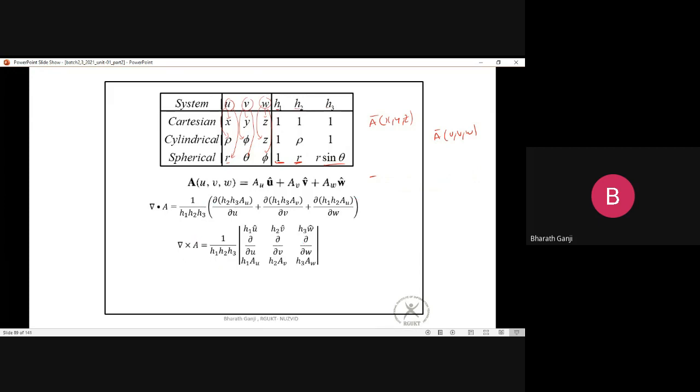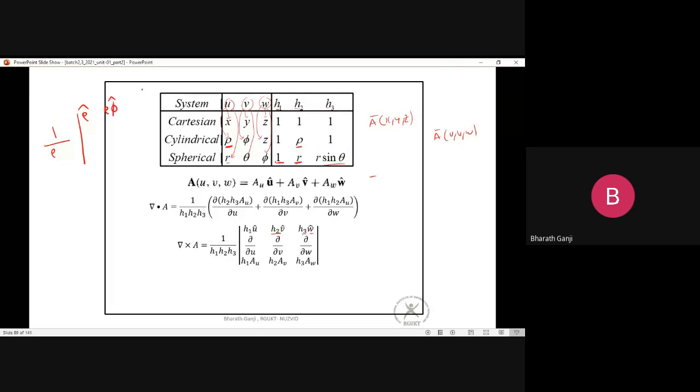Say for example you want to write the curl in the cylindrical coordinate system. You write 1 by h1 h2 h3, that is 1 into rho into 1, so you get 1 by rho times of, so h1 times u cap. h1 is 1 and u here is rho, so it is rho cap, and h2 is rho, so you get rho times phi cap, and then h3 times w cap.